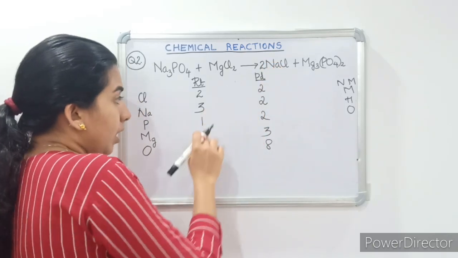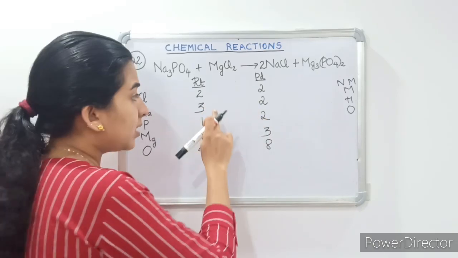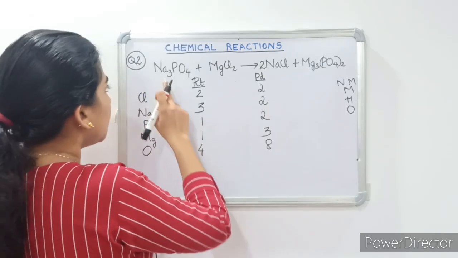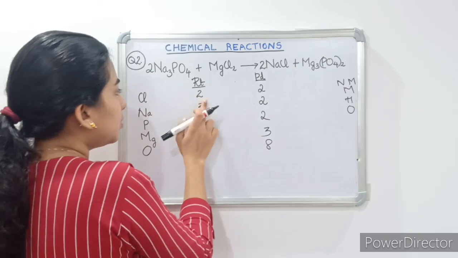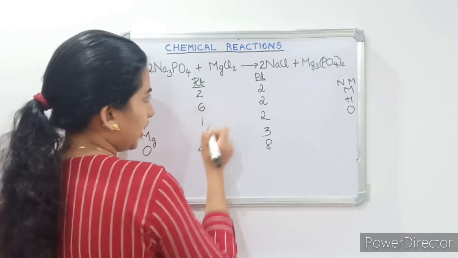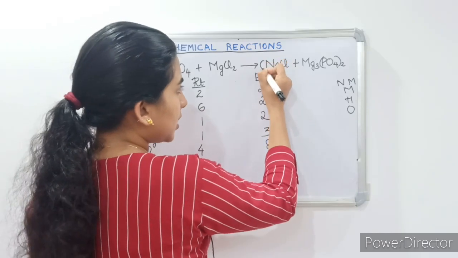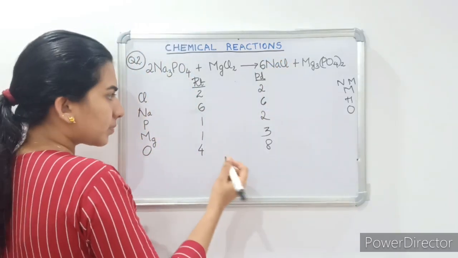So a common multiple for this 3 and 2 is 6. That is 3 into 2 is 6 and 2 into 3 is also 6. So adding a coefficient 2 here will make 3 into 2, 6 on the reactant side. So replacing this coefficient 2 with 6 will give 6 sodium on the product side.